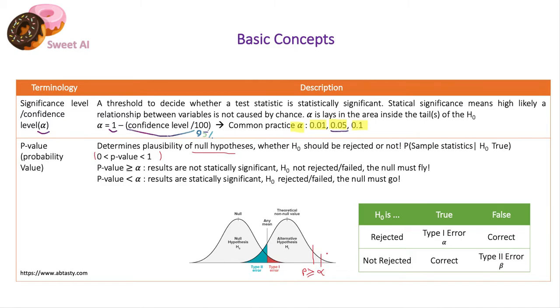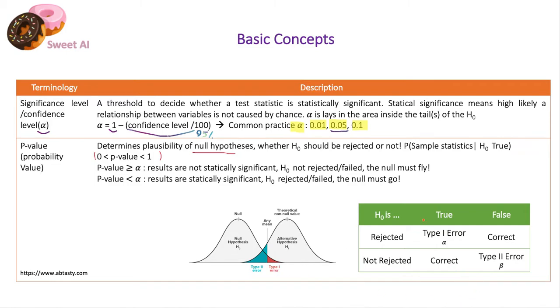But if the p-value lies down here, the p-value is going to be smaller than alpha, and we are going to reject the null hypothesis, right?